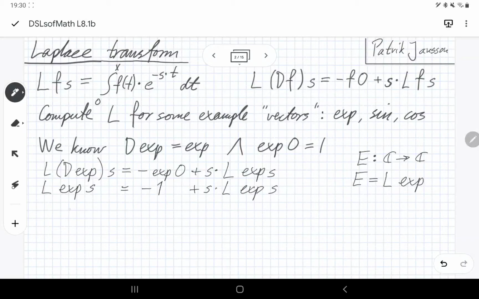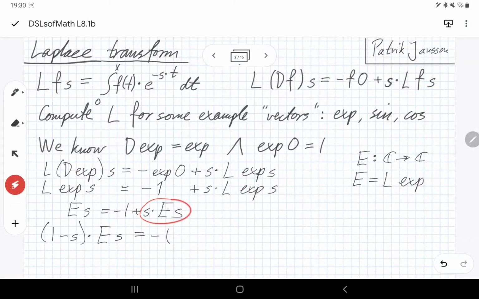Okay, as I said, let's first take this step, then we introduce E of s equals -1 plus s times E of s. And then let's collect the values. So we have actually 1 minus s times E of s equals -1.